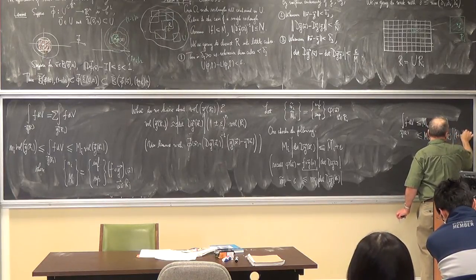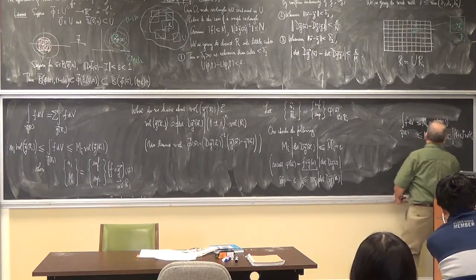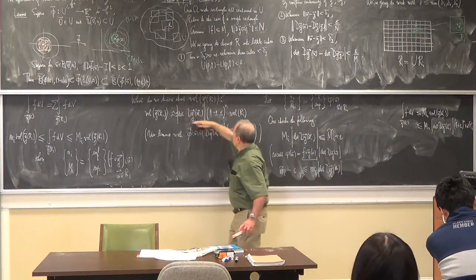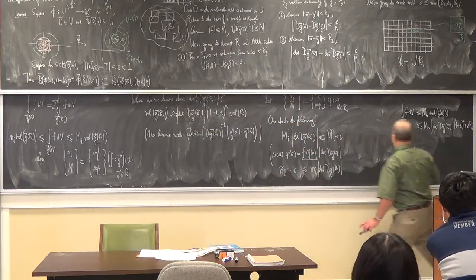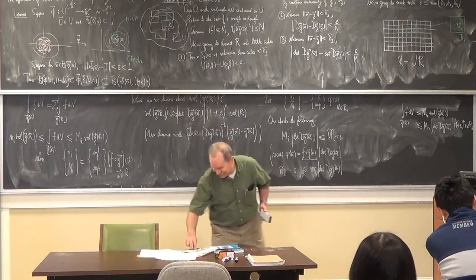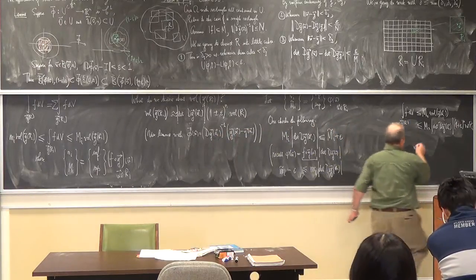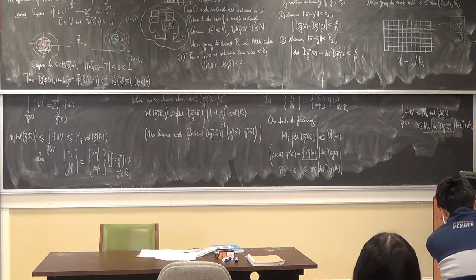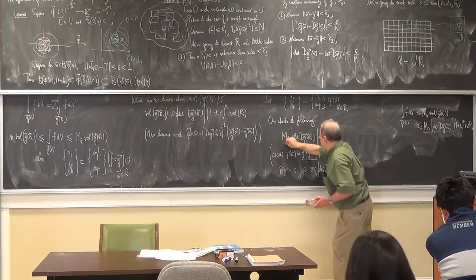Plus epsilon to the nth volume of Ri. Okay, so I plugged in this. Now this looks like big Mi times the determinant of the derivative. What did we say about it?